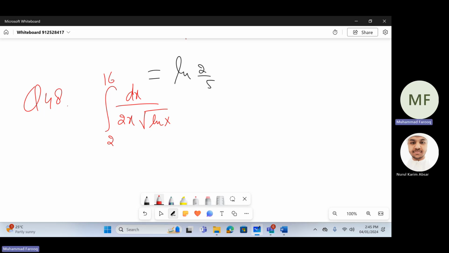We substitute to get u, and then we need the derivative. Exactly. But why are you taking the square root of ln x as u? I'll put it as one half.